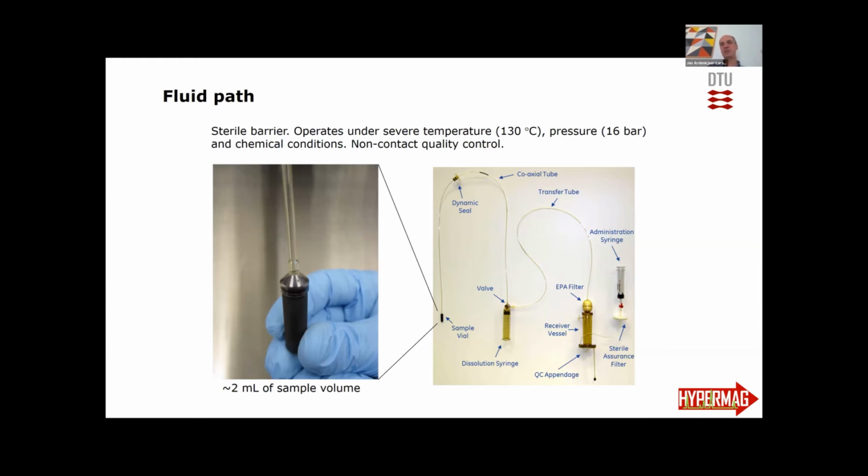It has helped us with the dDNP, the hyperpolarization, but there's no reason to inject that into the patient, so it's filtered off. And then the receiver has a number of QC appendages, which are basically just optical cells that allow us by optical means to measure that all the parameters are correct, and the process has gone well and it's safe to inject.